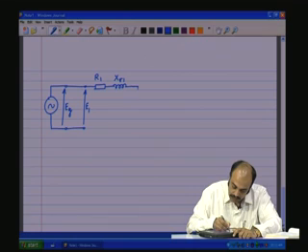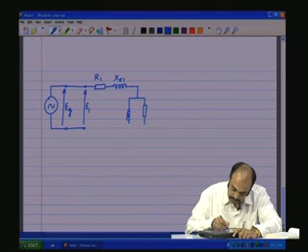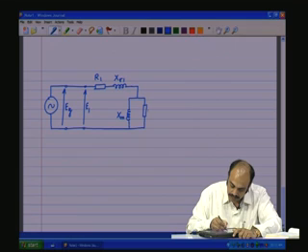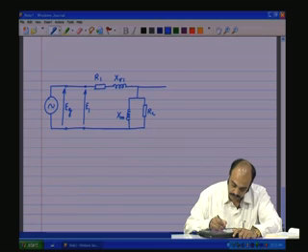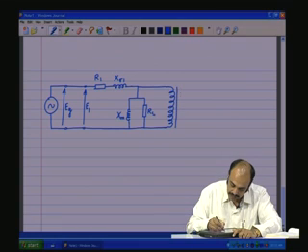Further down we have two components that we discussed in the last class: the core loss component and the magnetizing inductance component, Rc and Xm, and this goes into the primary of the ideal transformer.